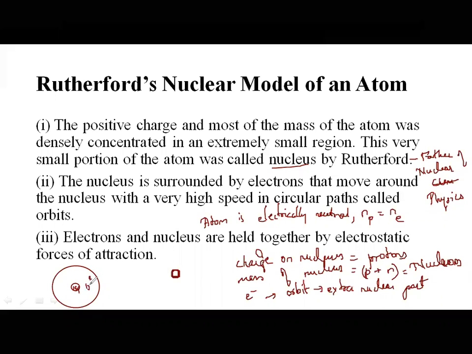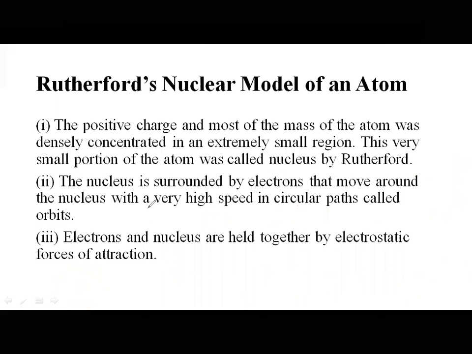There will be 15 electrons to make the entire atom electrically neutral, right? These electrons, which are present in the orbits and revolving around the nucleus, are revolving at a very high speed. The electrons and protons are held together by electrostatic forces of attraction.